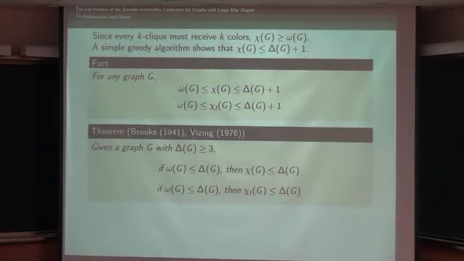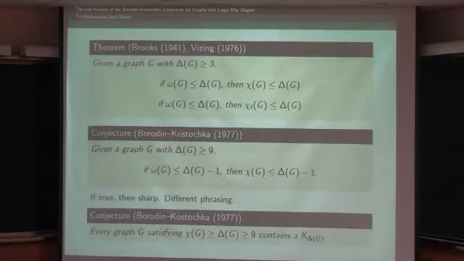So another question here is, can this be extended? So this is a result from Brooks and Vizing. So Borodin and Kostochka in 1977, 1 year after Vizing proved this result, asked, well, if you forbid the maximum clique you can have, right? If you forbid a clique of size delta plus 1, and in addition, if you forbid one more clique, if you forbid a clique of size delta, then do you actually need all of these delta colors here?